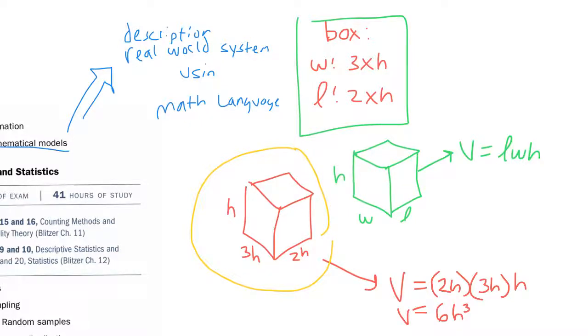So that is a beautiful equation that would represent the volume of our special box. Okay, this is a quick example of a mathematical model based on a scenario that is described to us, and we're translating it into math language. All right, so hopefully that makes sense.